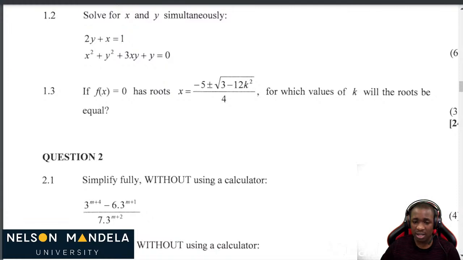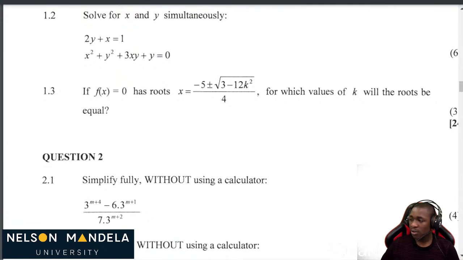In the equation you are given, -5 plus or minus the square root of 3 minus 12k squared, we just pick 3 minus 12k squared equal to 0. Then we solve for the value of k, because this is representing the discriminant.